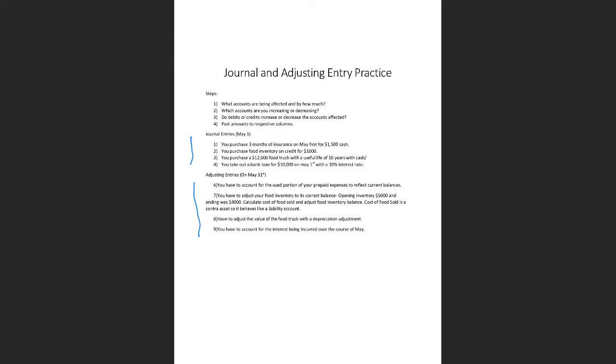And the fourth, you take out a bank loan for $10,000 on May 1st with an interest rate of 10% per year. For these journal entries, we're going to assume that these were all done on May 1st. The date here really doesn't matter, just for journaling purposes. We're going to call this May 1st.